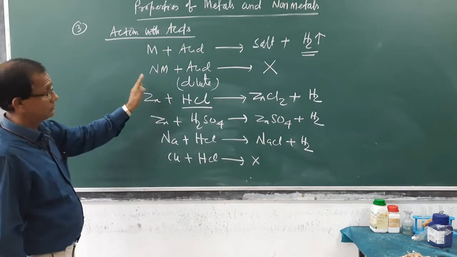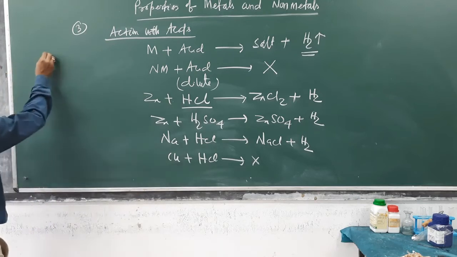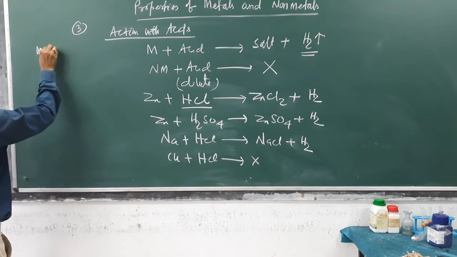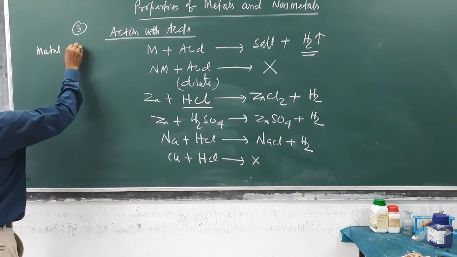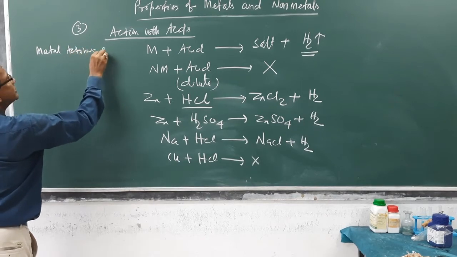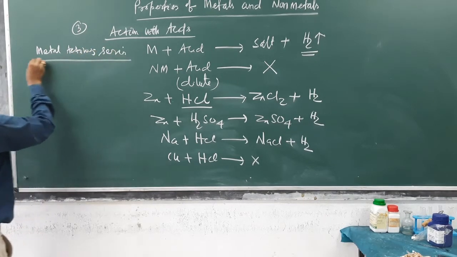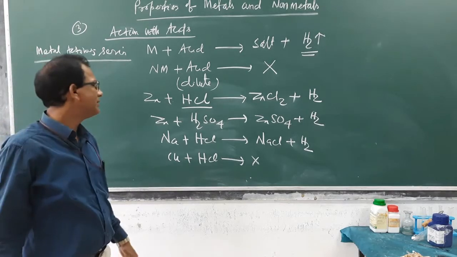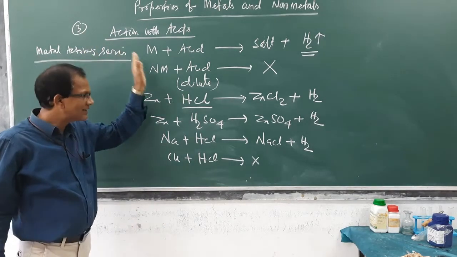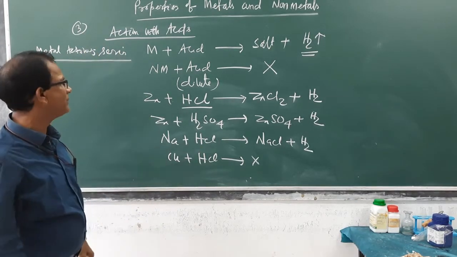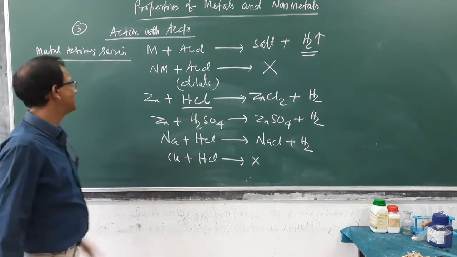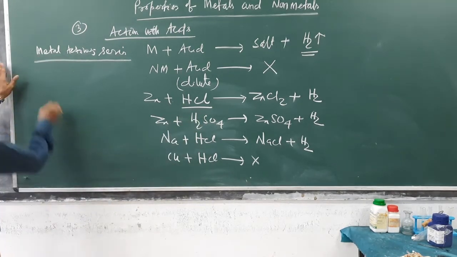So the reactivity order is called the metal reactivity series, or metal activity series. What is the metal activity series? That means the decreasing order of reactivity of metals towards dilute acid. What is the order of reactivity?